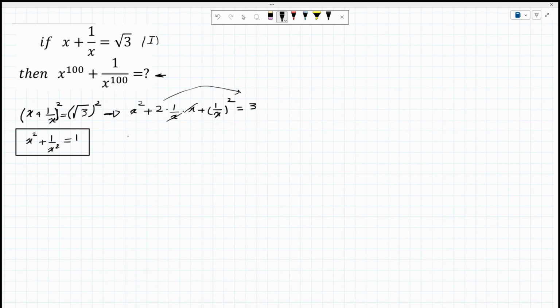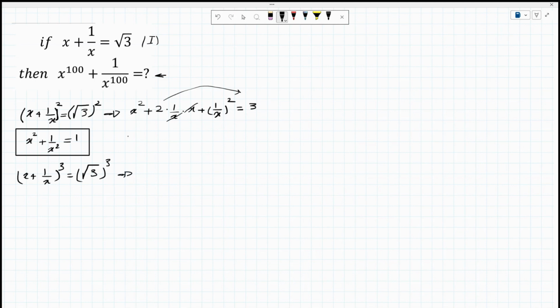We're gonna do the same with power of 3. So x plus 1 over x to the power of 3 is equal to the square root of 3 to the power of 3.